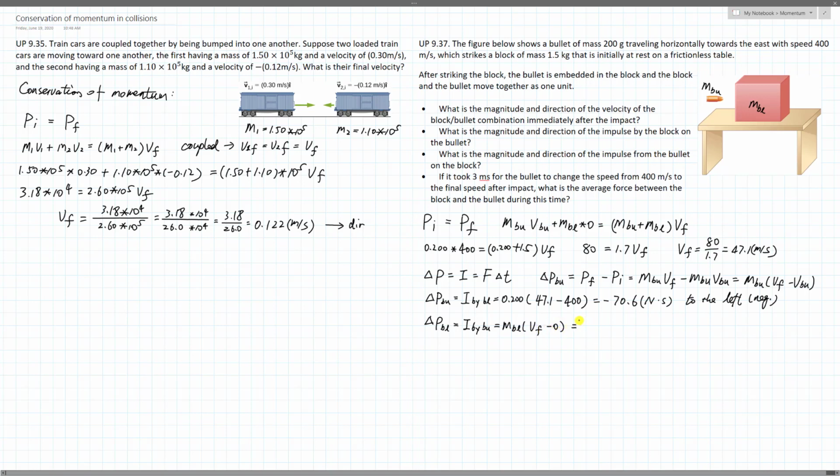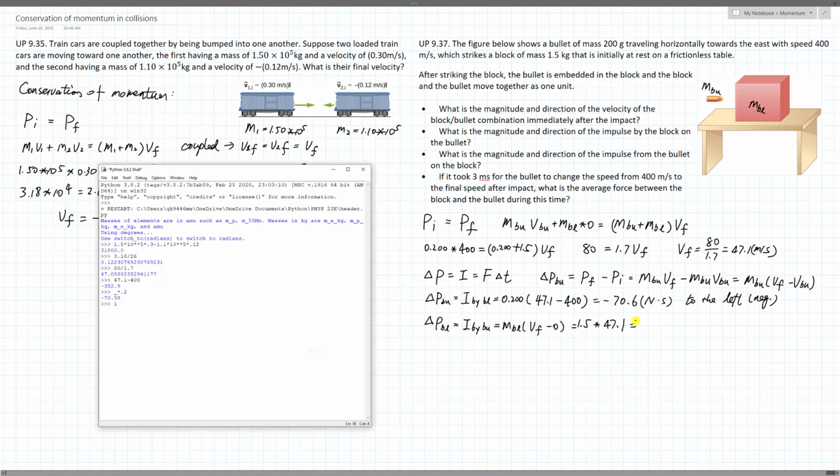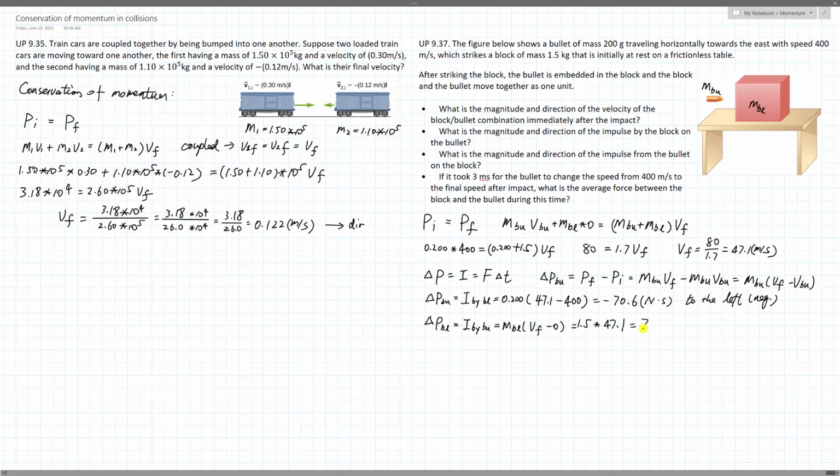The block has 1.5 kilograms of mass, then multiply by 47.1. So 1.5 times 47.1, we get basically the same result. Let's just round to even, so we have 70.6 newton seconds. This is to the right because it's positive.